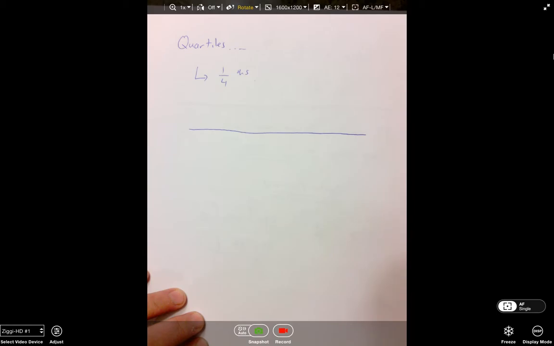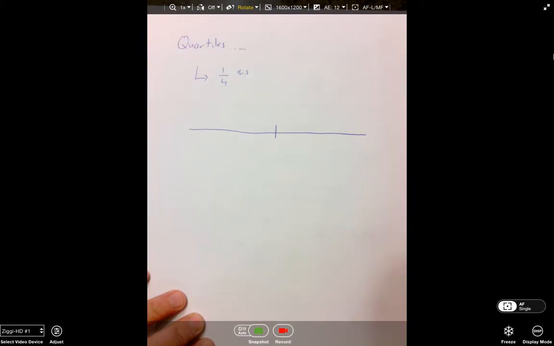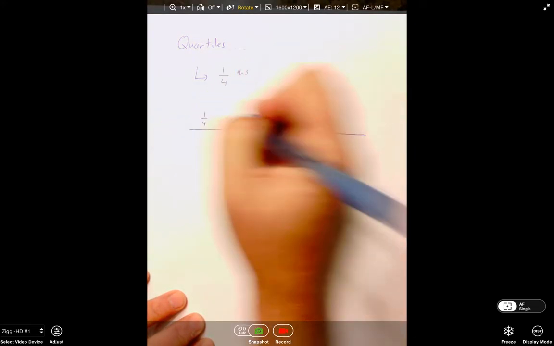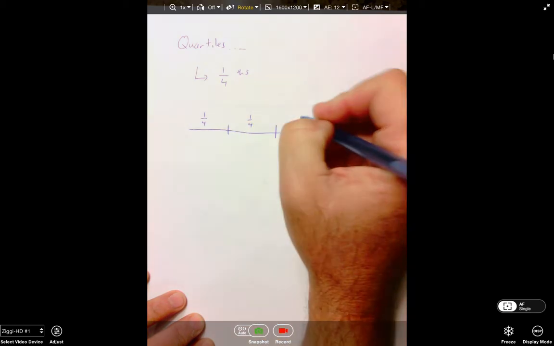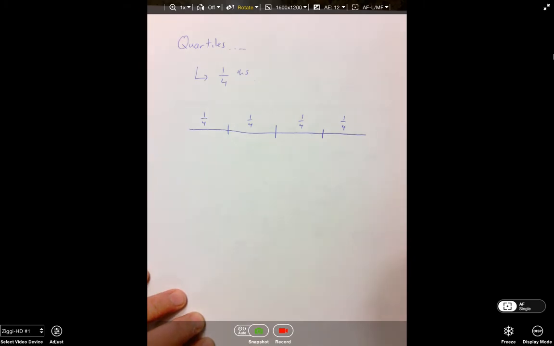How many cuts would you have to make? Well, I would make a cut in the center. I would have 2 equal pieces, and then I would make another cut right there, and another cut right there. So I have 1/4 of my string here, 1/4 there, 1/4 there, and 1/4 there, right?